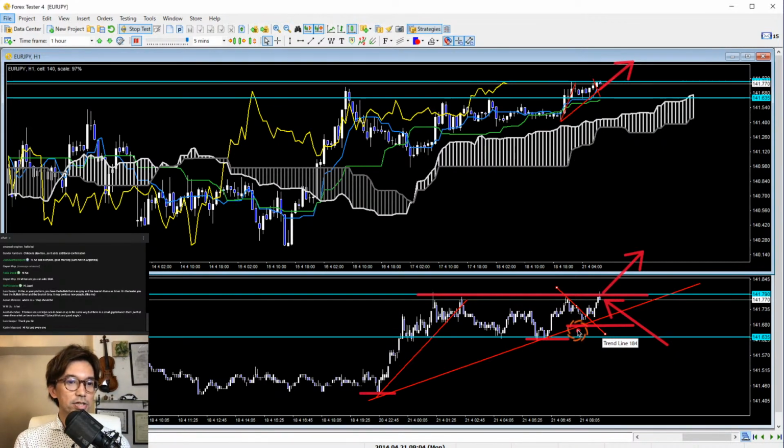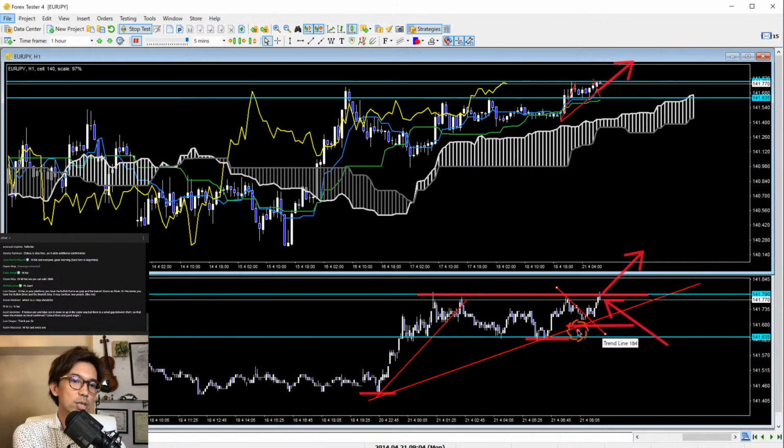If Tenkan-sen and Kijun-sen are going down or up in the same way, but there is a small gap between them, that means the market trend is confirmed, with a thick cloud and good angle. I don't look at the thickness between the Tenkan-sen and Kijun-sen so much.